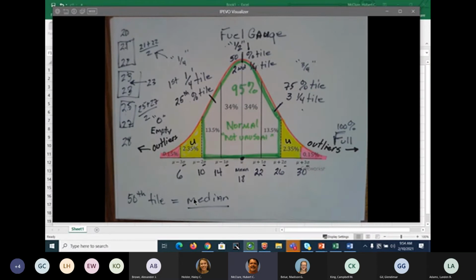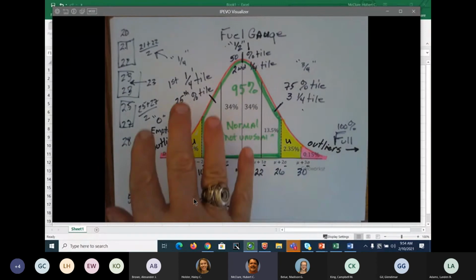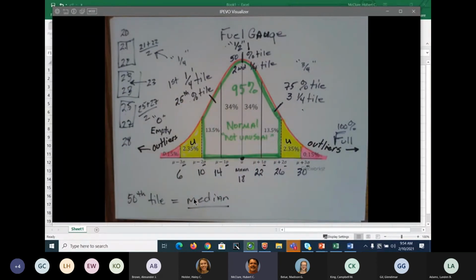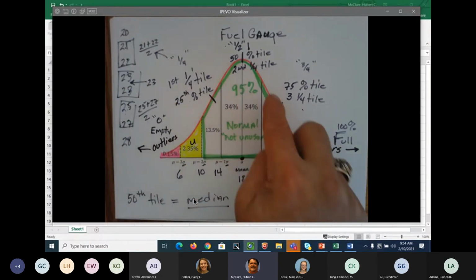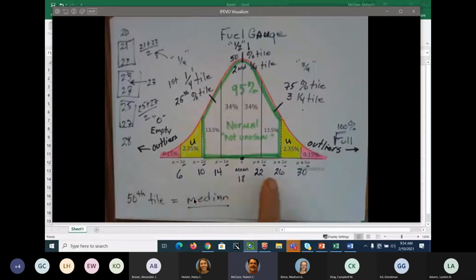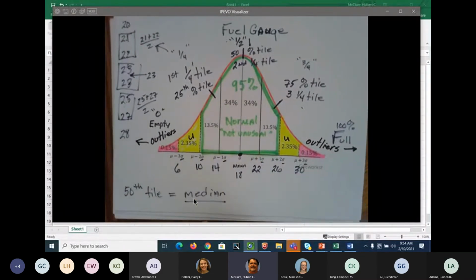Now let's go back to our, I'm going to give you a few more seconds to write all that down. Anybody got any questions on 1, the normal curve, 2, the standard deviations, 3, the empirical rule? Did anybody find the page that it's on?